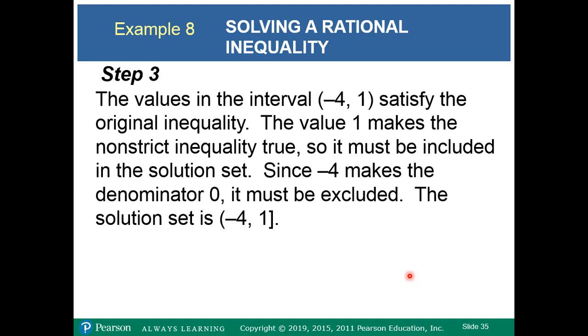Since negative 4 makes the denominator 0, it has to be excluded from the solution set. So the true answer is the set of numbers from negative 4 to 1, with negative 4 not being included and 1 being included.